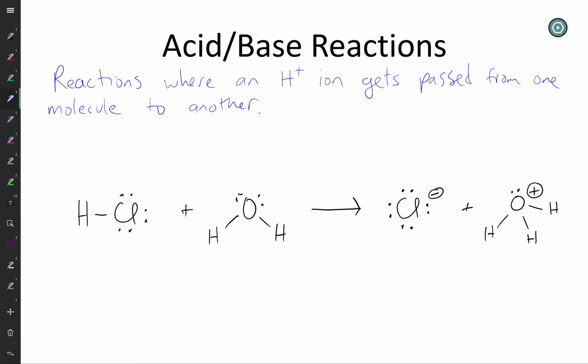So anytime we have a reaction where all that's happening is H plus is going from one molecule to another molecule, we call that an acid-base reaction.